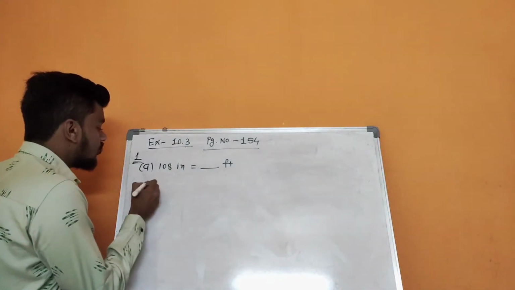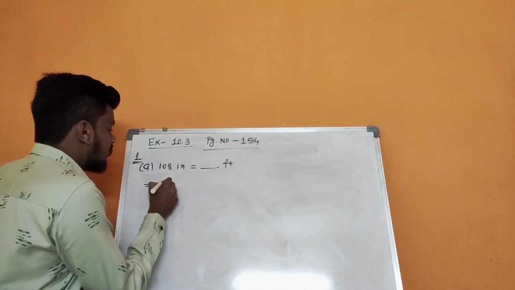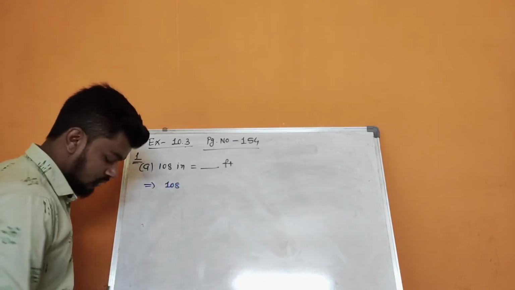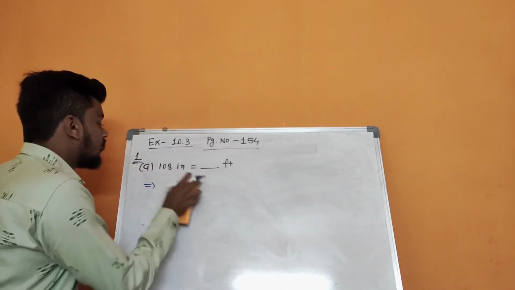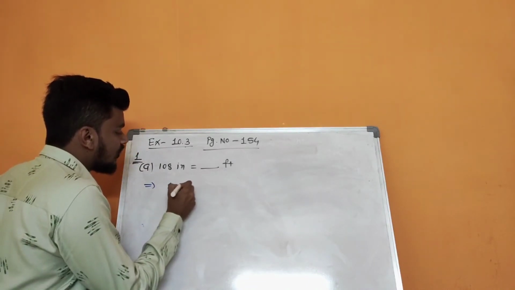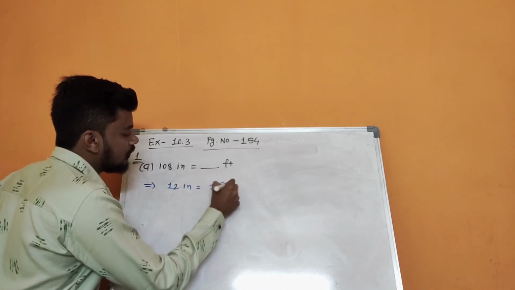First we'll write the regular equation for that, which is 12 inch is equal to 1 foot.